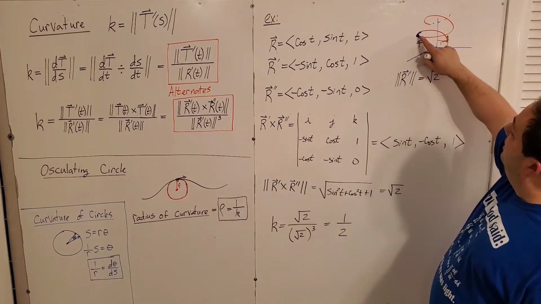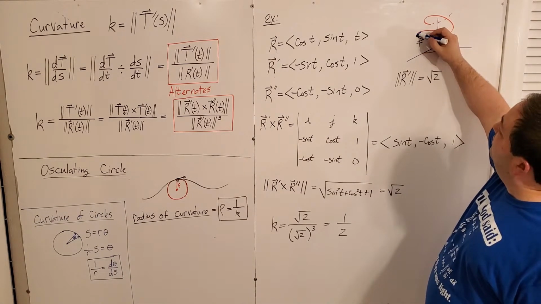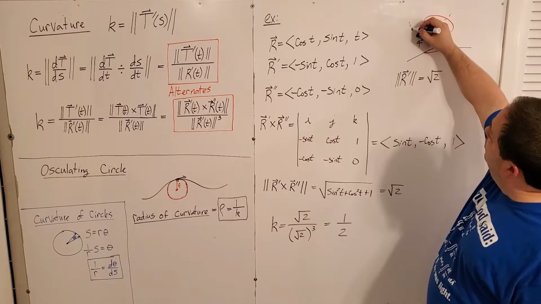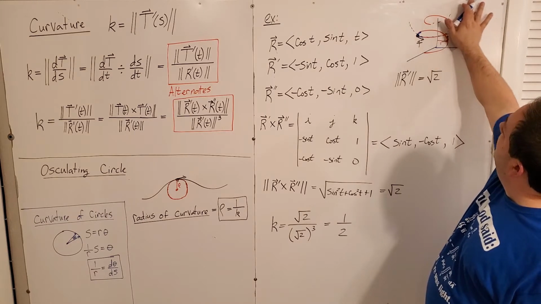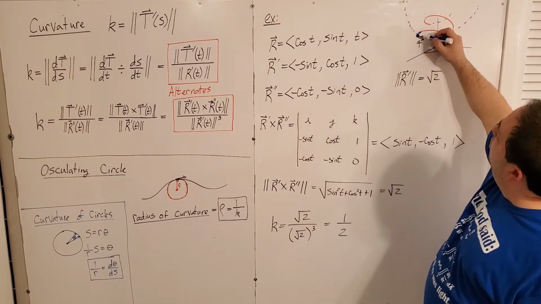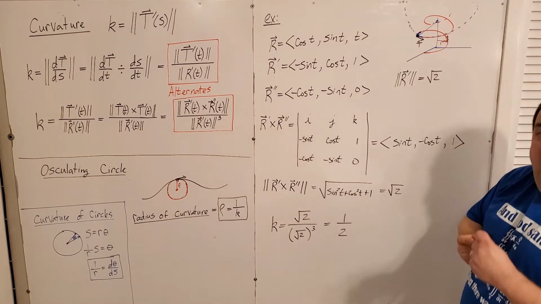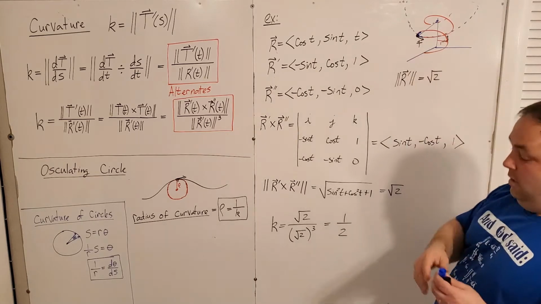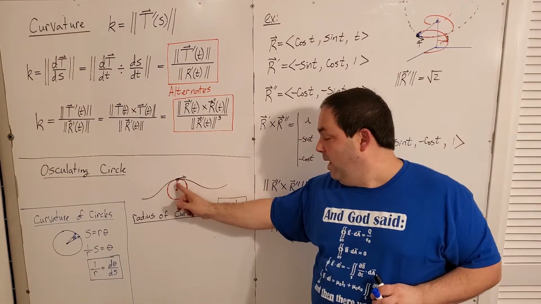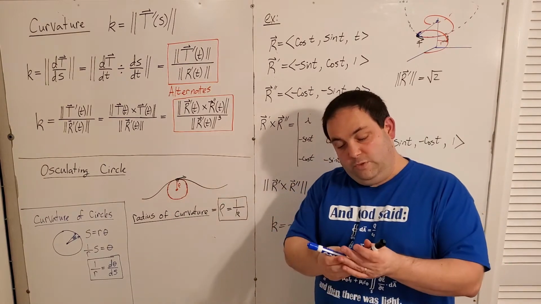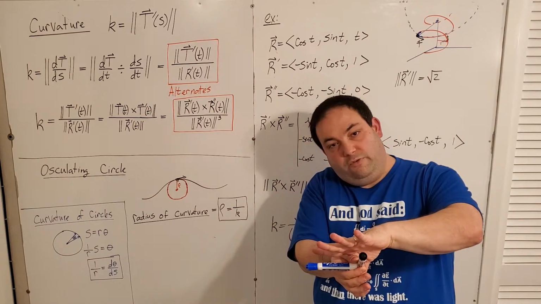Well, think about it. The distance from here to here is 1 directly. So having a radius of 2 means that this circle would have to be way out here, right? It would have to be bigger than I have room for to draw here. And it would be at an angle. How do I know how the oscillating circle fits in there? Well, think about this for a second. The oscillating circle has to be at a right angle, and it has to have the same tangent, which means the circle itself would have to be with the tangent and the normal vector.